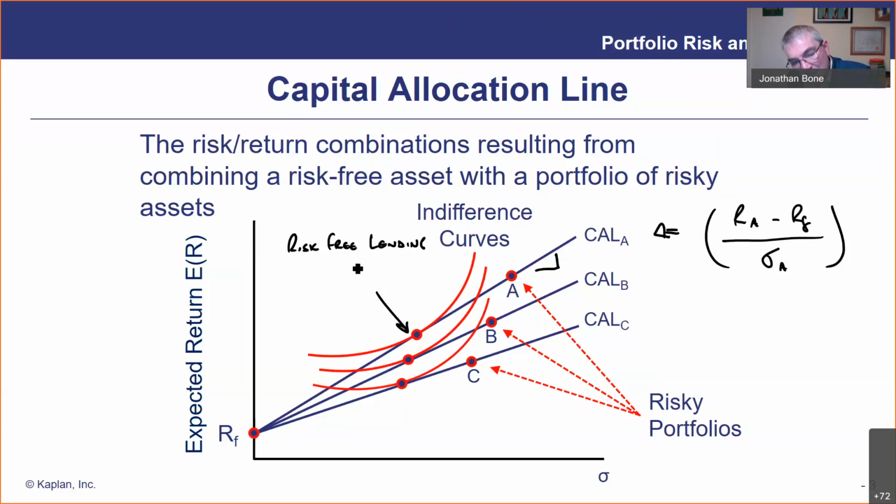So some of my wealth is invested in risk-free lending, and some of my wealth is invested in risky portfolio A. Okay. And as I said, we want to be on the highest capital allocation line because it gives us the highest Sharpe ratio, excess return per unit of risk.